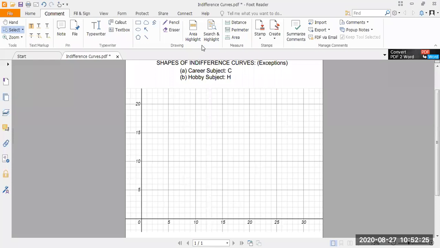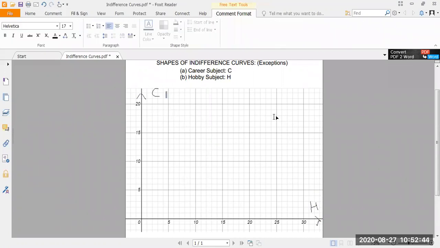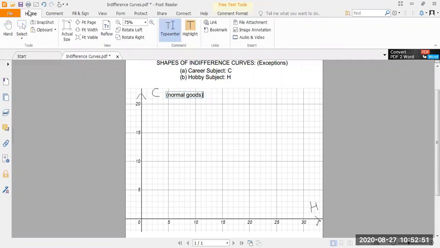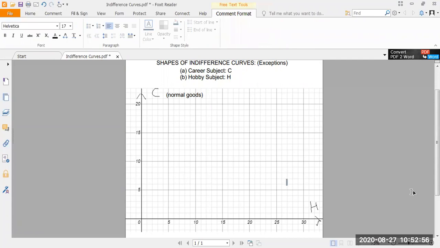Now let's say, as I took career subject on my horizontal axis and hobby subject on my vertical axis, I can obviously have career subject on my vertical axis as well and hobby subject on my horizontal axis as well. Since I have already discussed what neutral goods and normal goods are, I can say that this is my axis for normal good, and the horizontal axis is my axis for measuring neutral good.